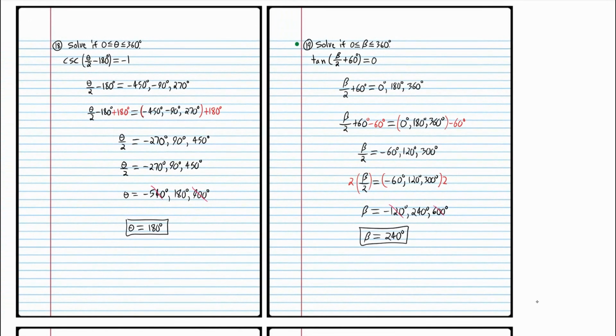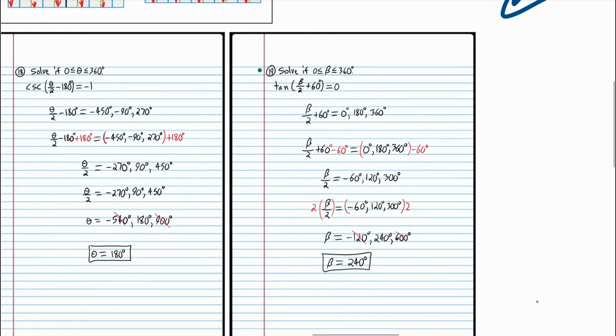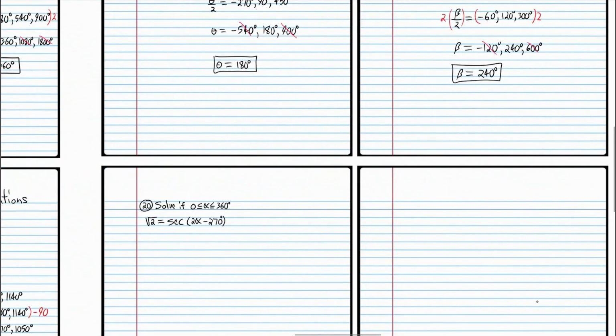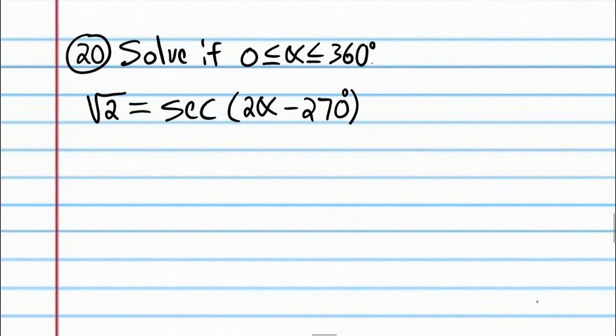Okay, so you can take a picture of these if you want to help you with number 20. Go ahead and try number 20, and be aware that because you have a minus 270 here, you're going to have to find some negative angles that you can plug in here to get root 2.